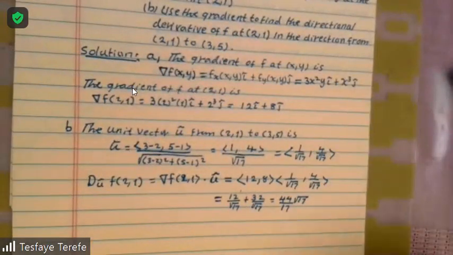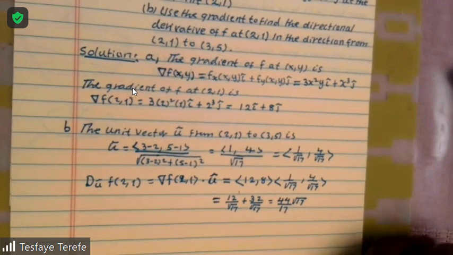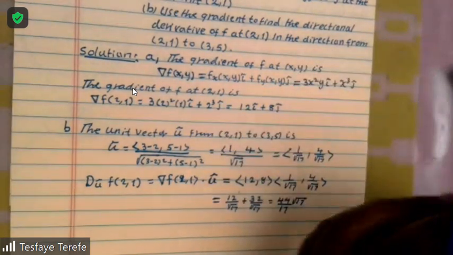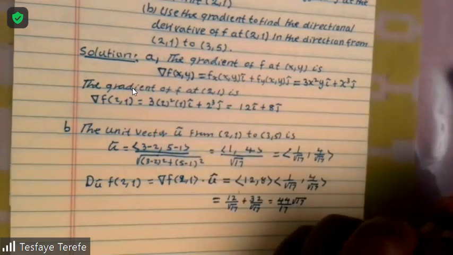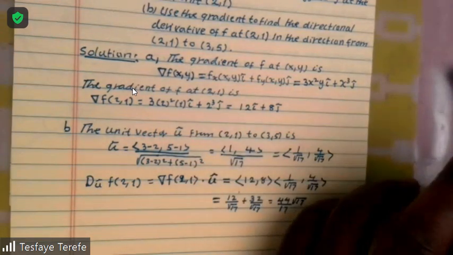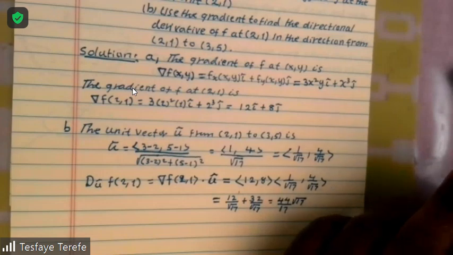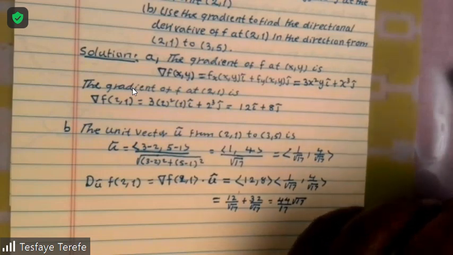The gradient will be the partial derivative with respect to x in the x direction, the partial derivative with respect to y in the y direction, and the partial derivative with respect to z in the z direction.